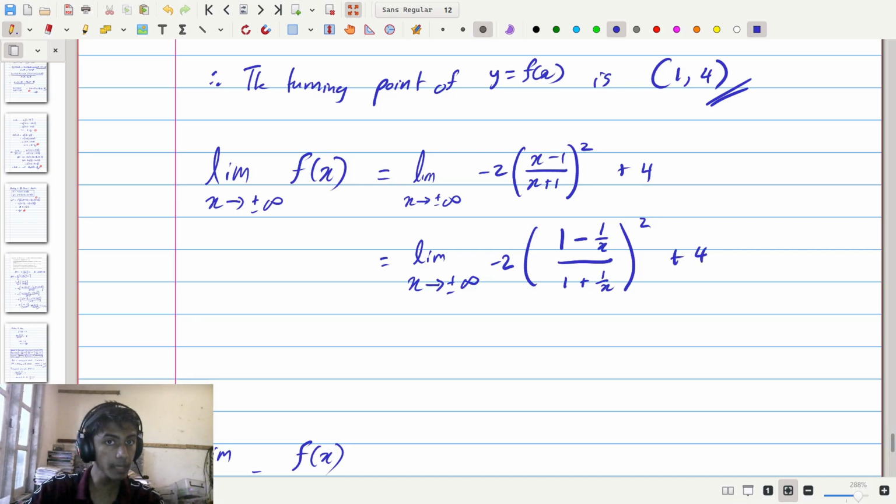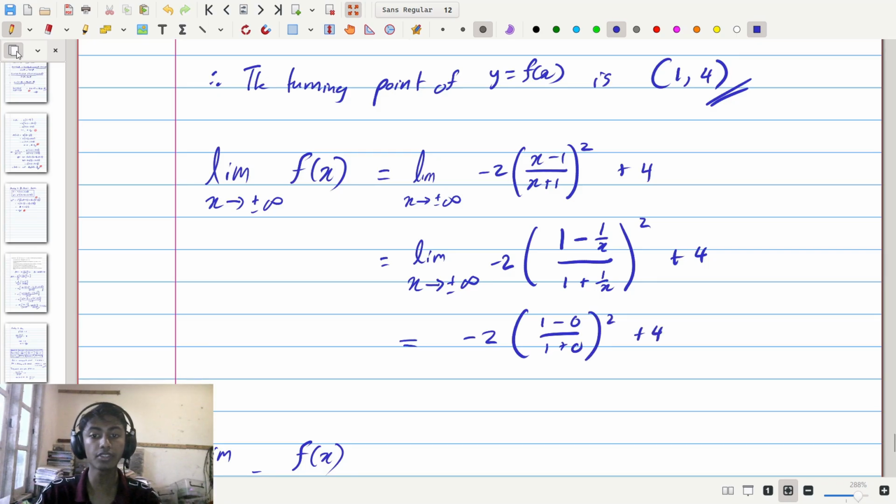And now applying the limit, we can see 1 over x will become 0 when x approaches plus or minus infinity, and this will also become 0, and therefore we have minus 2 times (1 minus 0) divided by (1 plus 0), squared, plus 4.